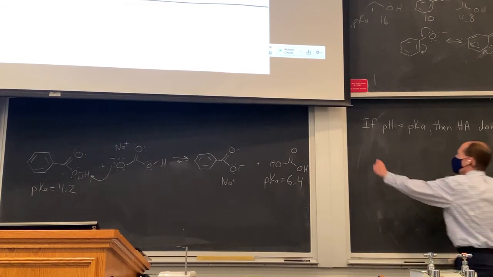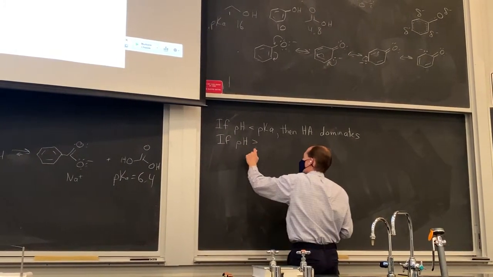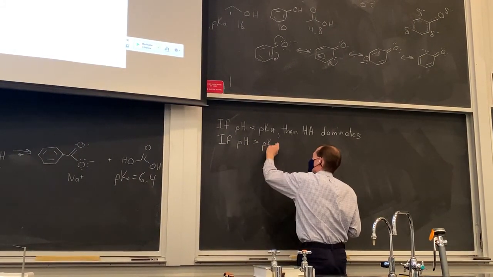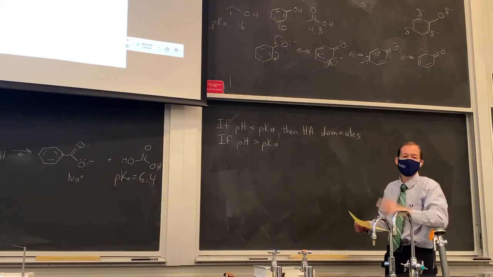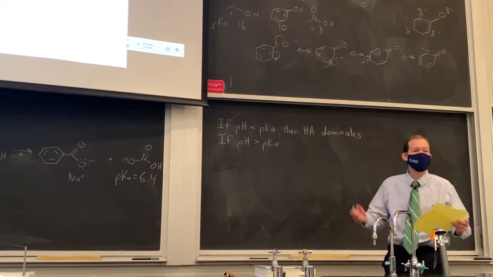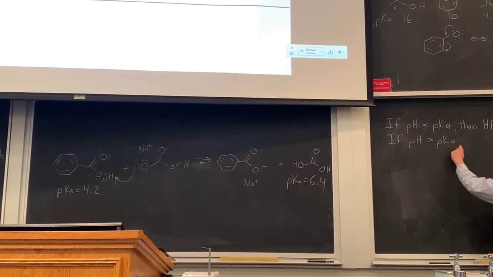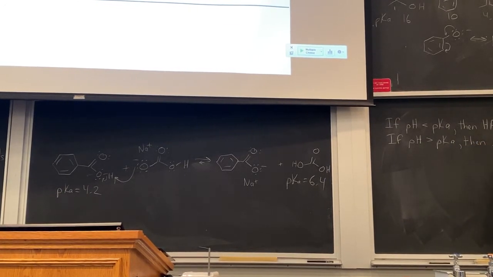And then the converse is true. If we add base to our solution and we raise the pH above the pKa, now that higher concentration of base is going to deprotonate our carboxylic acid, and then the conjugate base form is going to dominate.